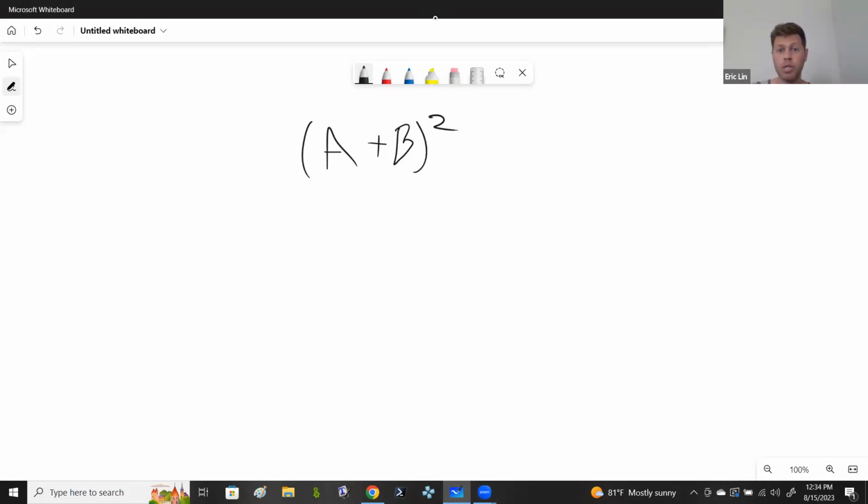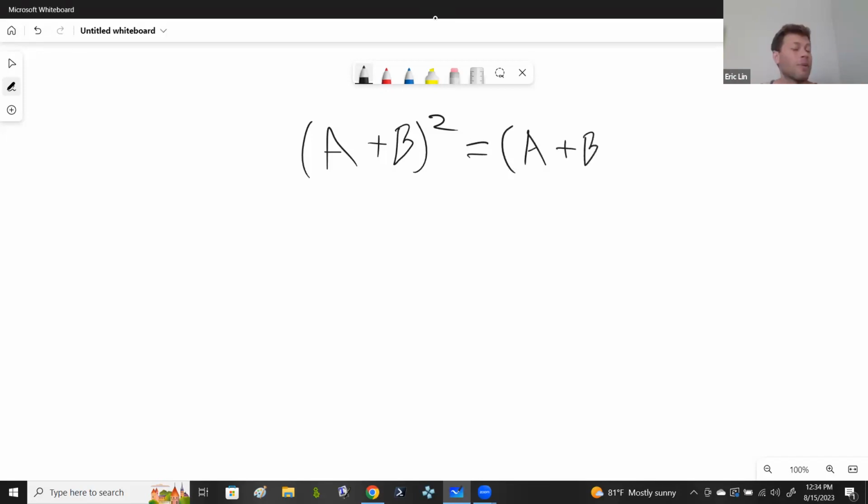So usually the way I've been handling this is we go backwards, right? If I want to know how to factor a nice quadratic into this, I need to know first how I get from this into the quadratic. So I'm just going to expand this out.